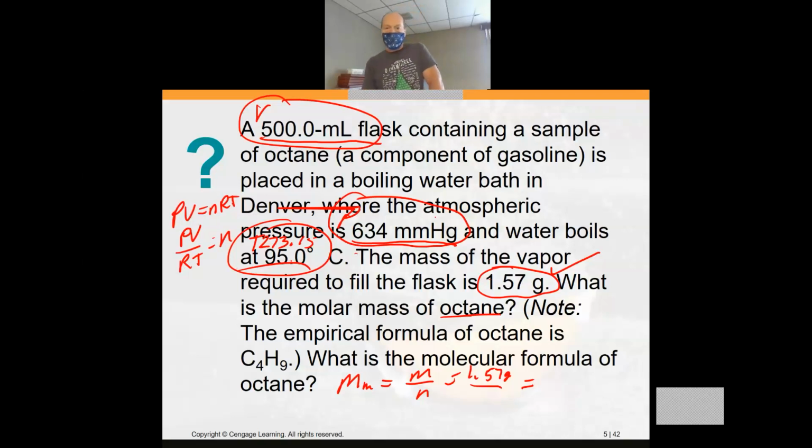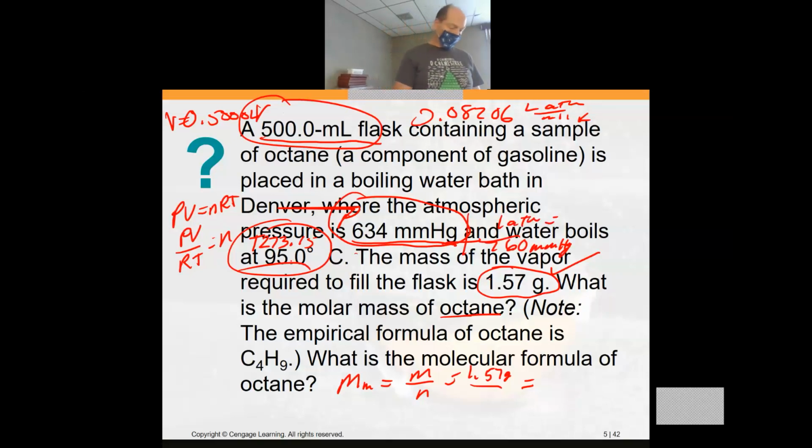But we have to get it into the correct units. None of these are in the correct units. In order to get the correct units, we have to remember R. R is 0.08206, which will be given, liter atmosphere per mole Kelvin. So you have to give your volume in liters. So 500 milliliters is 0.5 liters. Now that is the right units. For atmospheres, 634 millimeters of mercury, you have to divide by 760 millimeters of mercury, which is 1 ATM.